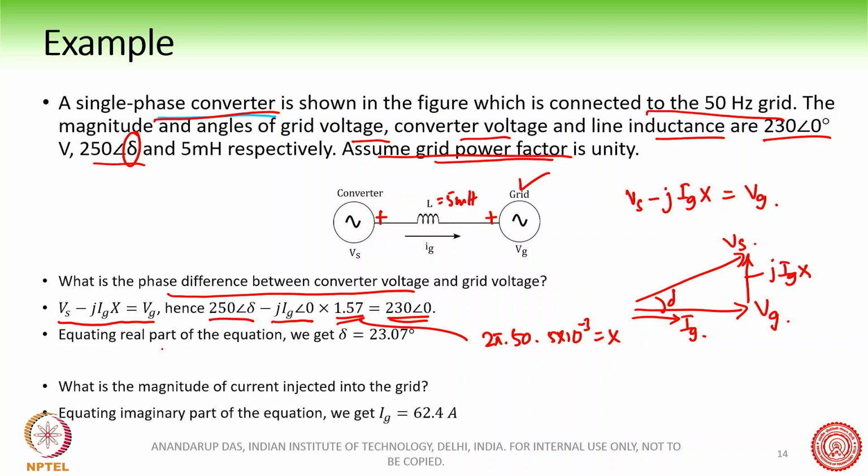Equating the real and imaginary parts of this equation, we get delta equal to 23.07 degree.